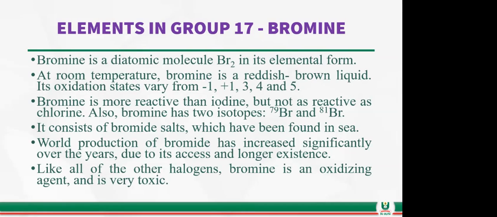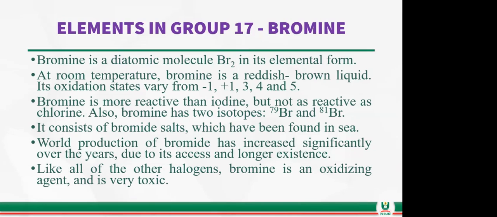But as we go down the group towards the last element, this begins to reduce as a result of effective nuclear charge, which you remember we discussed when looking at some other higher group elements. Bromine is more reactive than iodine, but not as reactive as chlorine. Bromine also has 2 isotopes, bromine 79 and bromine 81.